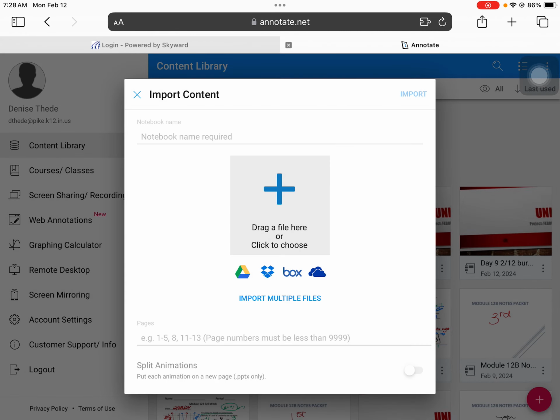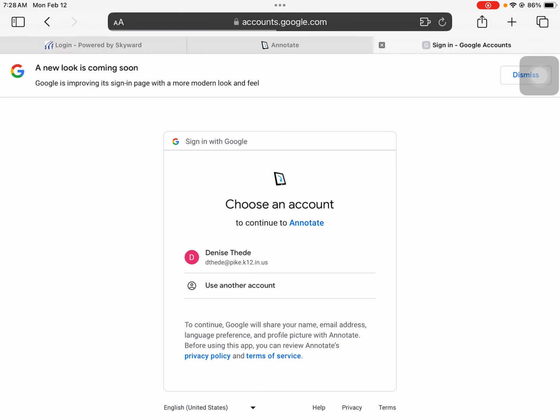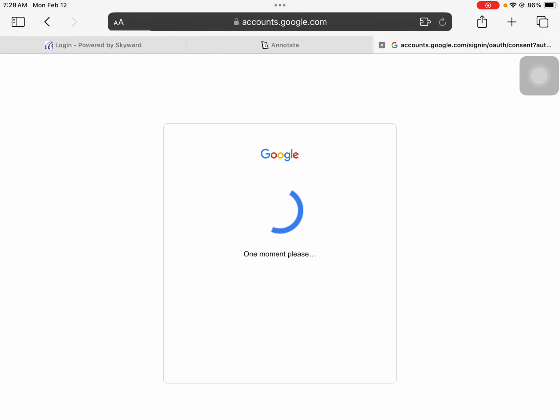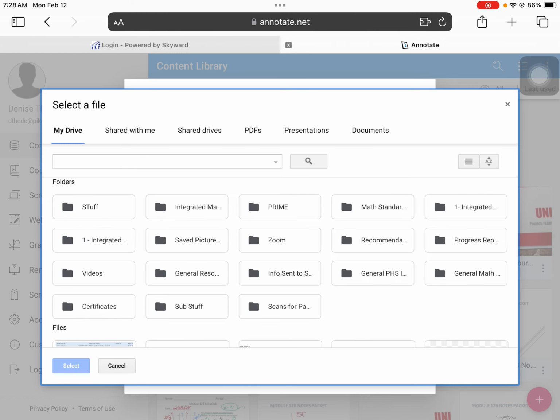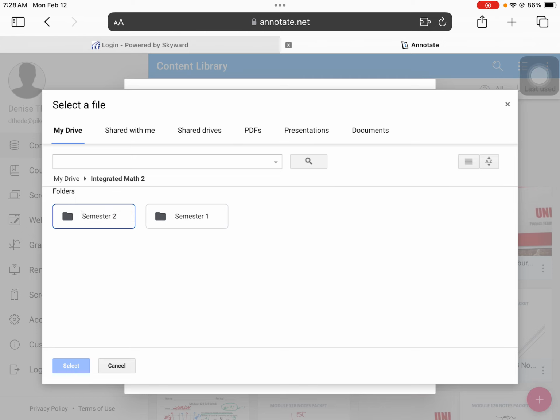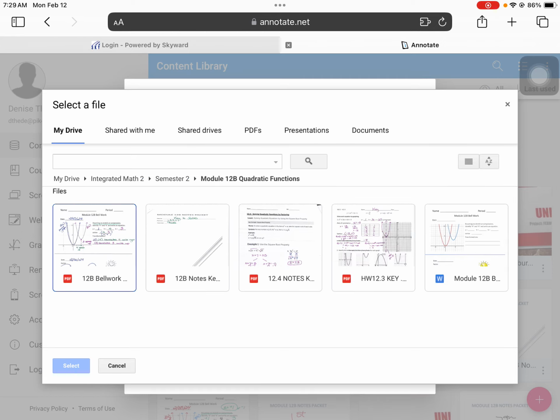I wonder if I can find this quickly. I wanted to see if anyone had any questions. My drive, 12B. And of course I don't have it up.